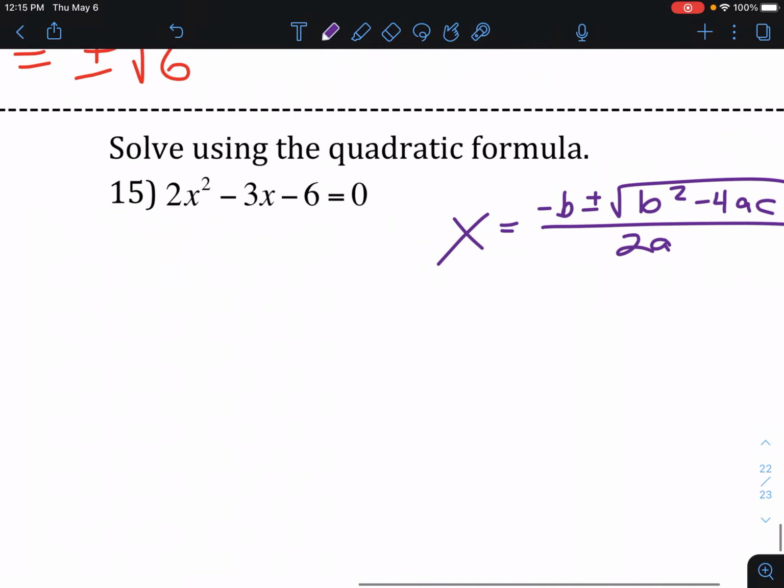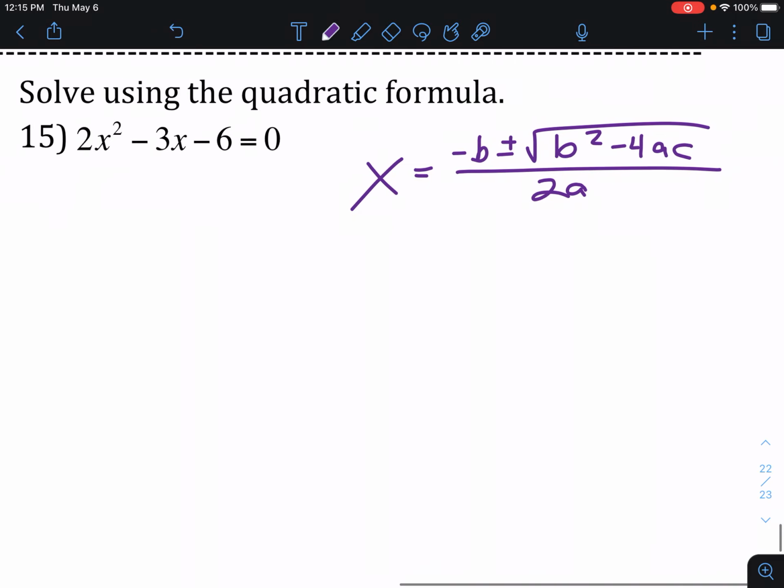So we do have it equal to 0, so we're good there. So a is 2, b is negative 3, c is negative 6. So let's plug into the formula. So negative b means opposite of b. So the b is negative 3, so double negatives would make a positive 3 here.